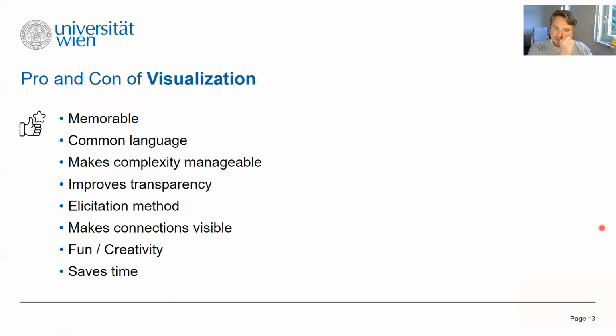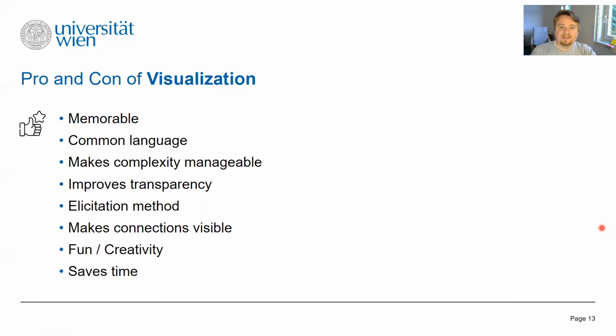One aspect we also had is a common language, which is very important, especially for those doing research in a very different intercultural context. Sometimes you might work with people who cannot read and write, and then visualization has a great power to provide a common language, and it can really reduce barriers of education. That's one of the really big strengths of visualization.